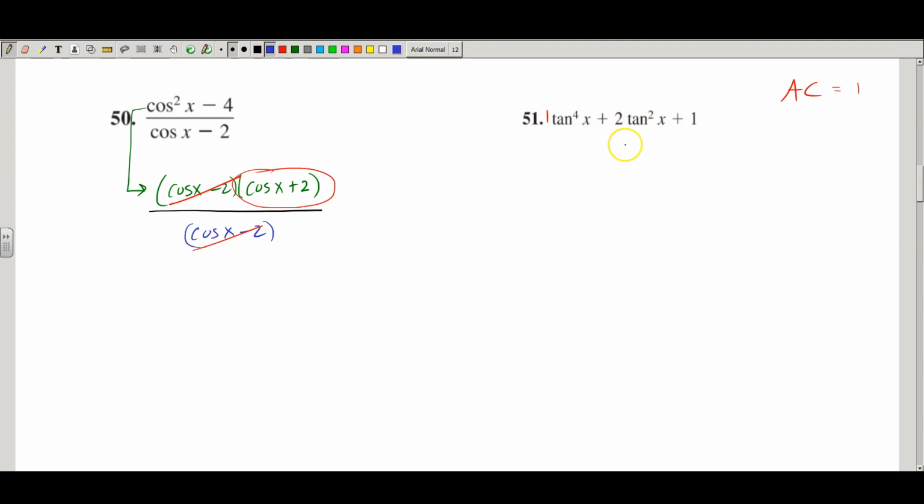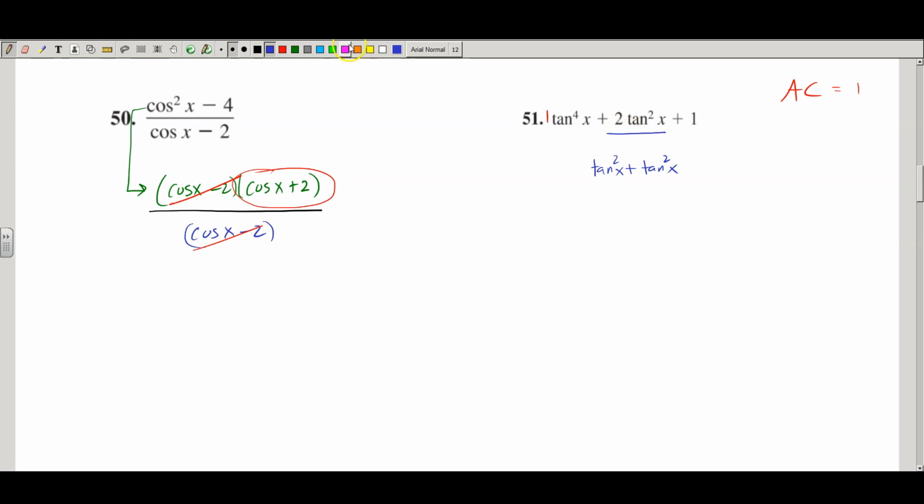So I can take this middle term and break that up into a sum, right? I want to try to add to 2, but multiply to 1. So I can just say 2 tangent squared x is the same thing as 1 tangent squared x plus another tangent squared x.